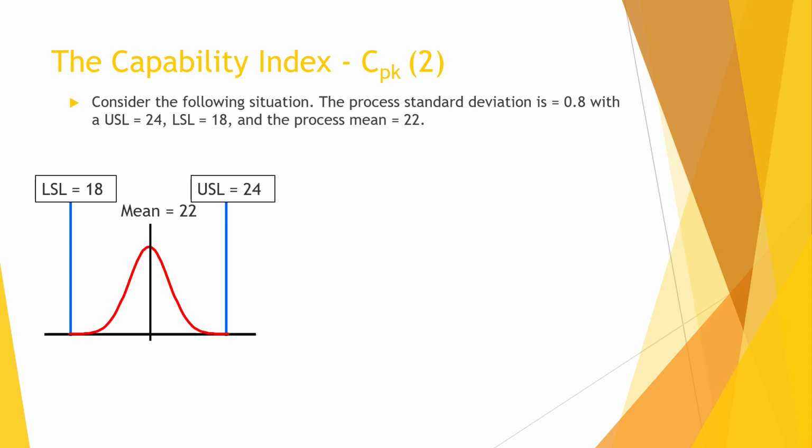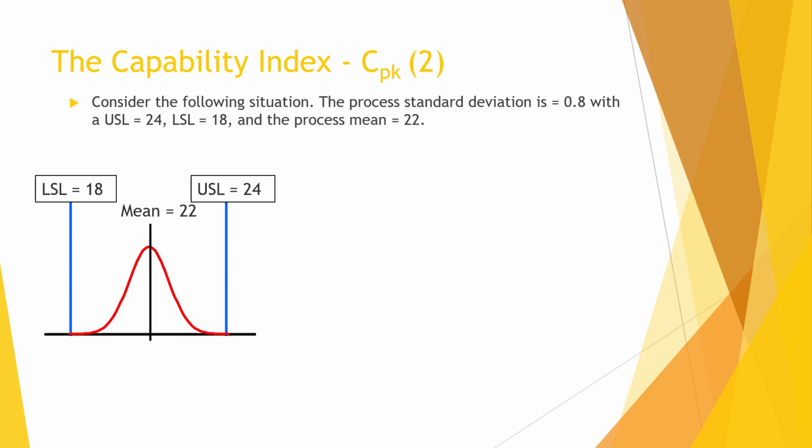In this case, the standard capability ratio is estimated as USL minus LSL divided by 6S, and that's going to equal 24 minus 18, and then you have to divide that by 4.8, and that equals 1.25, which implies that if the process were centered between the spec limits at 22, then only a small proportion of the product would be defective.